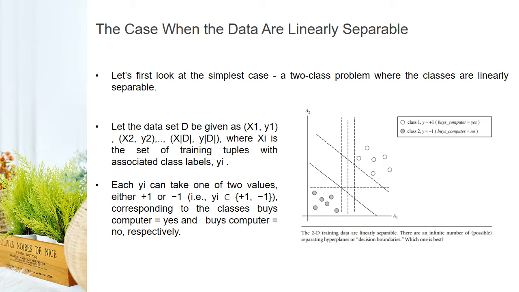We can represent an infinite number of such hyperplanes, but we have to choose the best one that segregates both classes. Here in this figure we have represented 6 hyperplanes, and we don't know which hyperplane is the best one. That we have to decide based on other concepts known as support vectors and margins. Let us see.